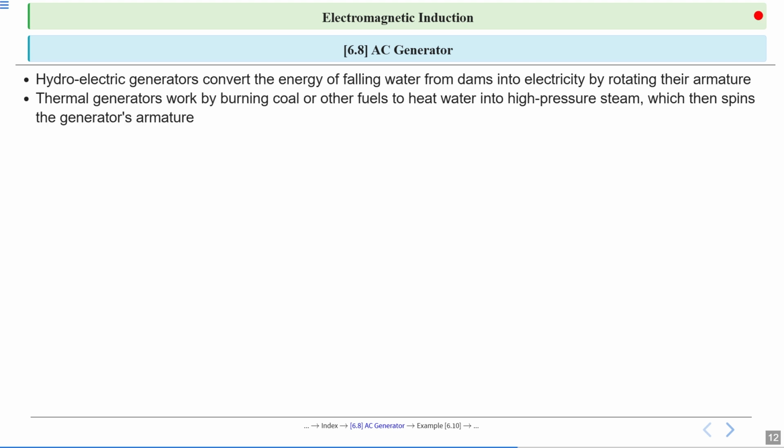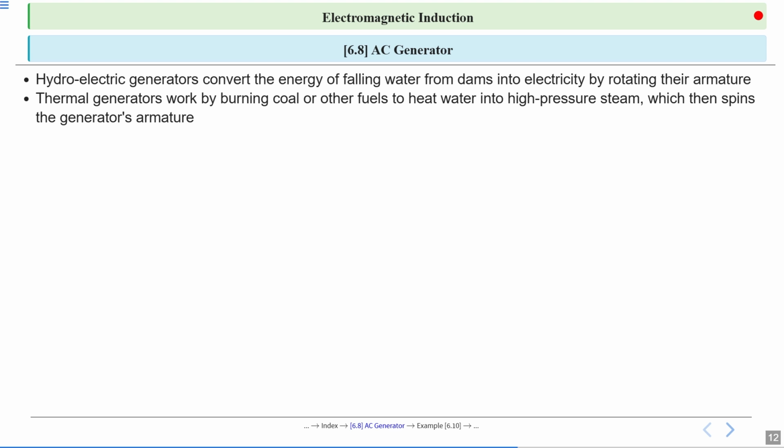Now there are thermal generators. Burning coal and other fuels, like diesel or anything, is used to heat the water and to produce high pressure steam. This high pressure steam is thrown on the shaft blades.